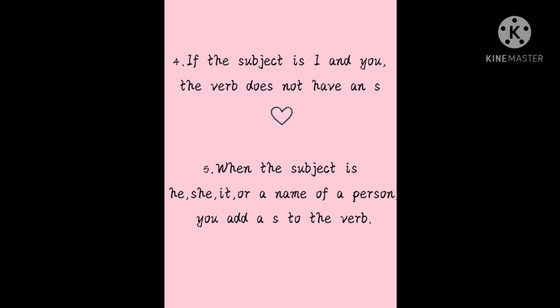Another example is he runs through the wall. The subject is he, then the verb is runs. Another example, Joey climbs the tree. Joey is the subject and it is in a singular form. Then climbs should have an S.